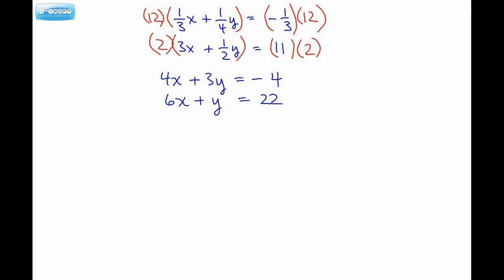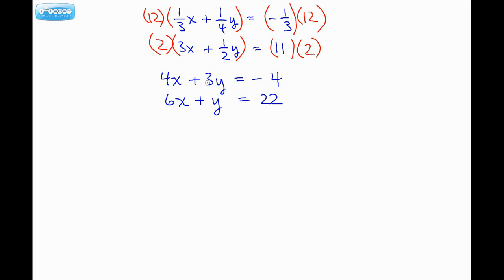Let's choose which variable we would like to eliminate, and it's totally up to you. It's whatever you think is easiest. If we wanted the x coefficients to match, we could multiply this equation by 3 and this equation by -2, and then we would have a 12 here and a -12 there. That would work. But I'm going to eliminate the y's.